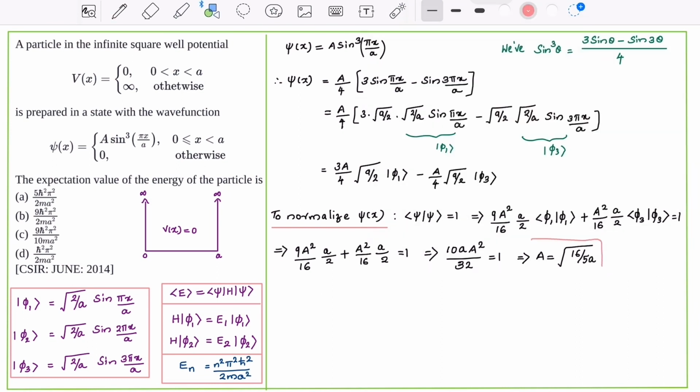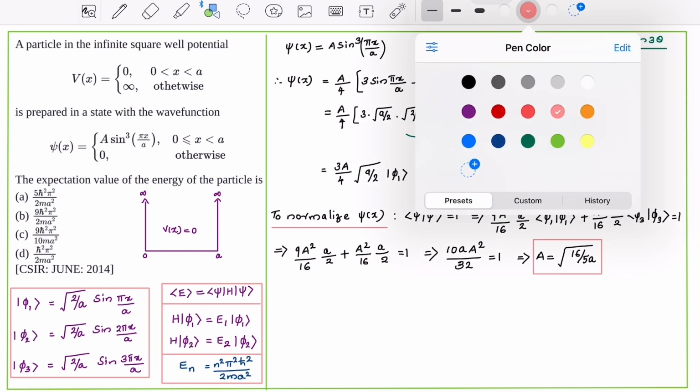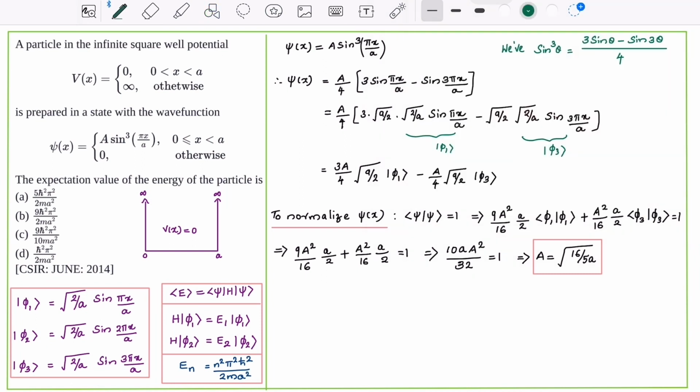Therefore, our wave function becomes psi of x equal to 3 by 4 root a by 2 times root 16 by 5a times phi 1, the ground state wave function, minus root a by 2 times 1 by 4 root 16 by 5a times phi 3, the second excited state wave function.